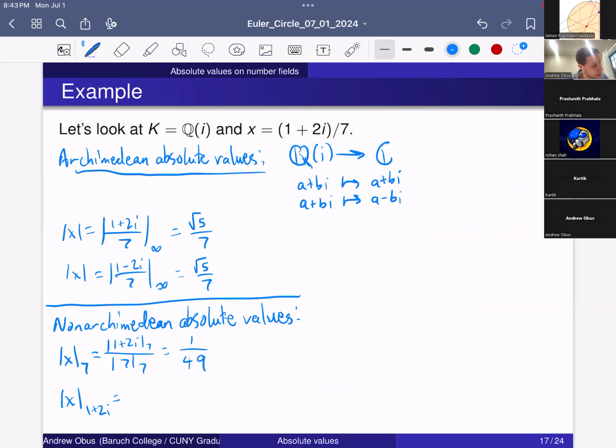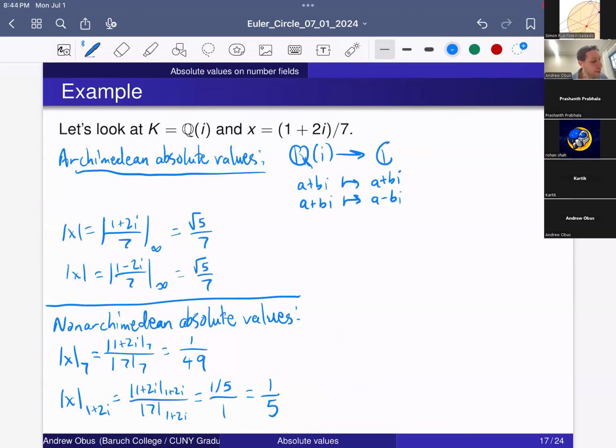And this we already saw is going to be the (1 plus 2i)-adic absolute value of 1 plus 2i over the (1 plus 2i)-adic absolute value of 7. 7 doesn't have any factors of 1 plus 2i. You can verify that. And we already saw that this is supposed to be 1/5. So we're going to get 1/5 divided by 1, which is going to be 1/5.